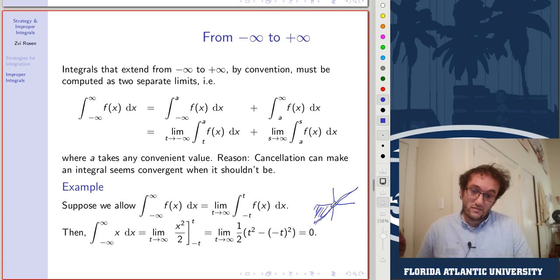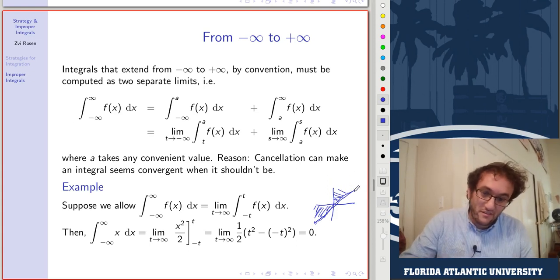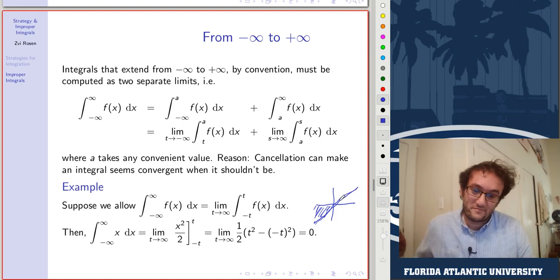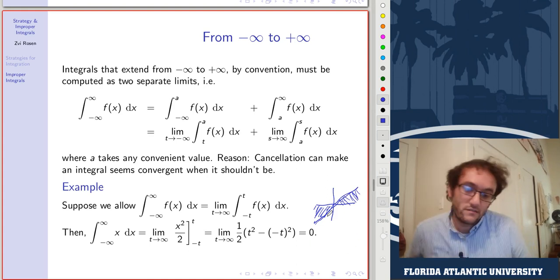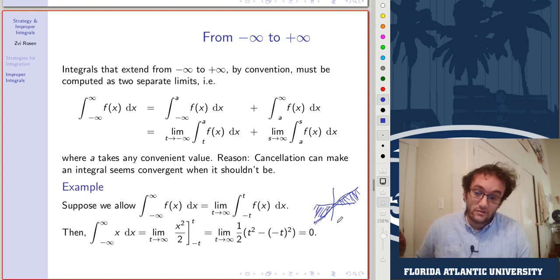If we're thinking about the area under this curve, this seems to be a huge area: you have a huge amount of negative area on the left and a huge amount of positive area on the right, and you wouldn't think of those as canceling each other out.